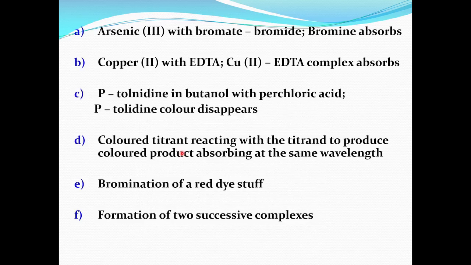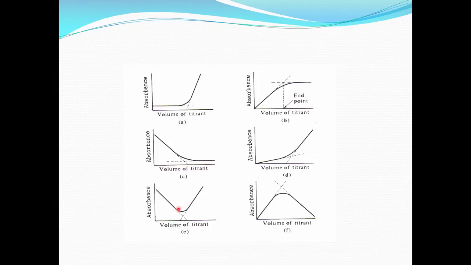Now, look at the fourth one, colored titrant reacting with a sample to produce a colored product absorbing at the same wavelength. Now, the next one is bromination. Initially the bromine is colored, the sample is not colored, bromination, it keeps on coming down. Once the bromination is completed, the brominating reagent itself is colored.